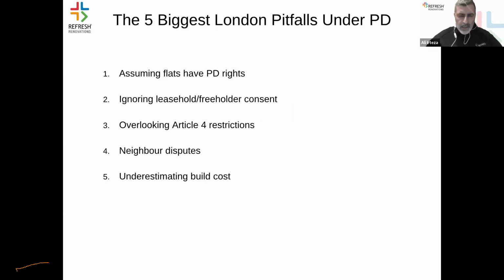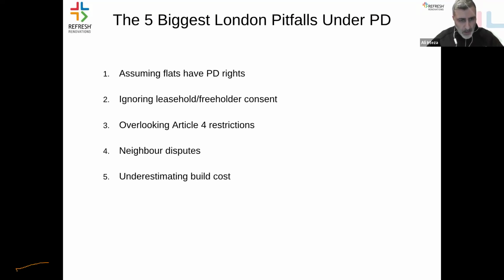And what are the key areas where we see potentially people getting into trouble when using PD? Not every property has PD rights, especially flats, and there are lots of flats in London. So that's important to know. Also, the flats typically are leasehold. So with PD, you cannot ignore the leasehold and freeholder consents when you're trying to plan a project.